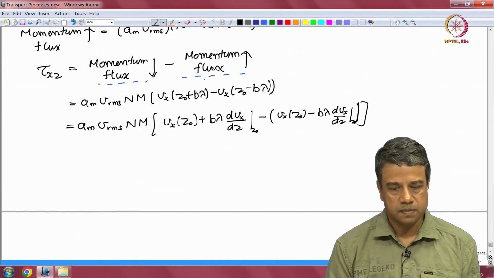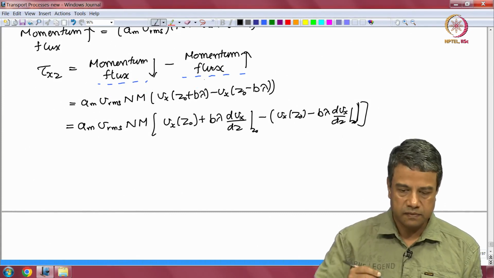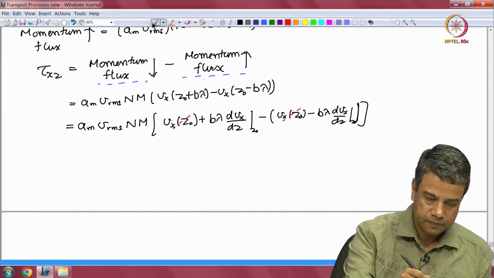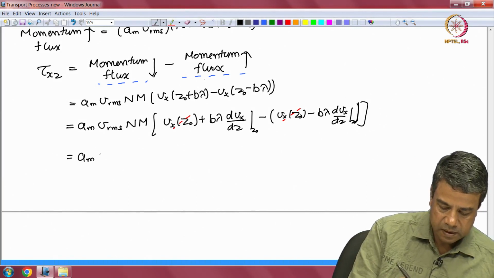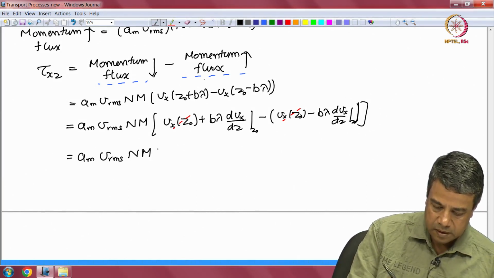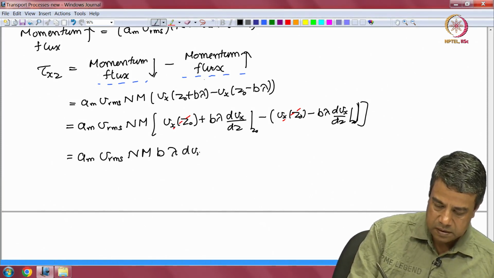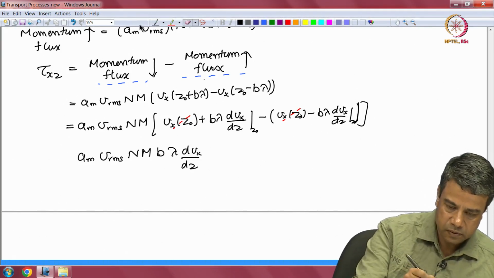So, this is the expression for the shear stress, and when I use a Taylor series expansion for the velocity, and once again these two cancel out, I get Am Vrms nm b lambda dvx by dz with a factor of 2 here.